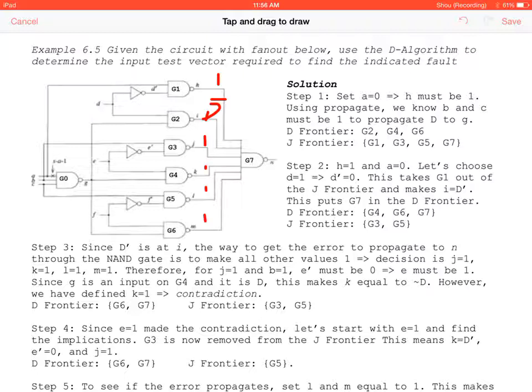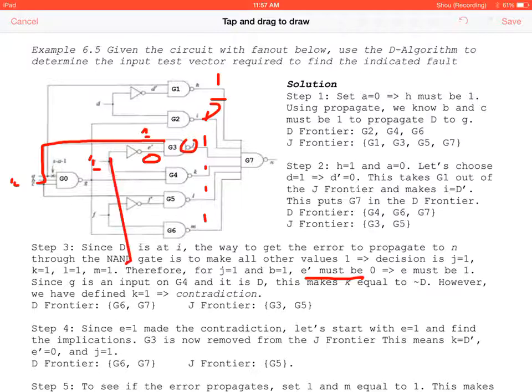So therefore, we want 1 to be on the output, right? And we have B is 1 here, so this comes through here to the input of G3. So we have 1 here. So if we want the output of this NAND gate to be 1, that means we need E bar to be 0. So E bar must be 0. That means E must be 1.